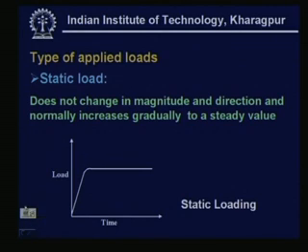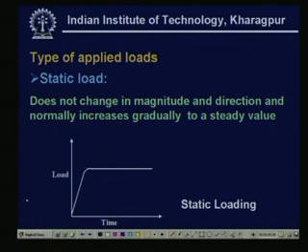If there is a material and a load P acts upon it this way, with time the point of application of the load P is also not changing.